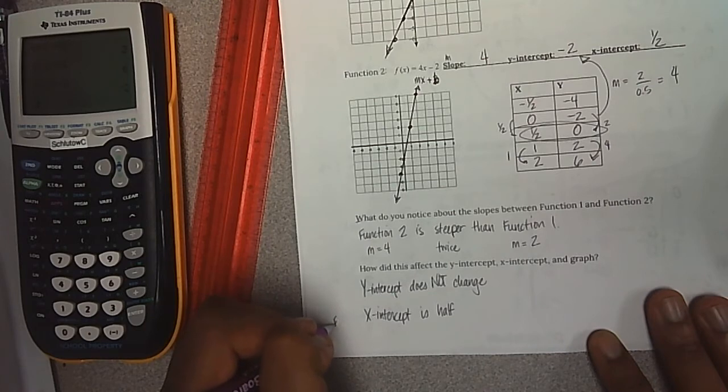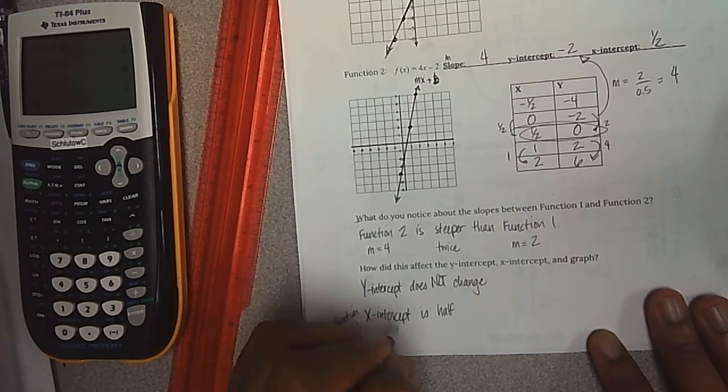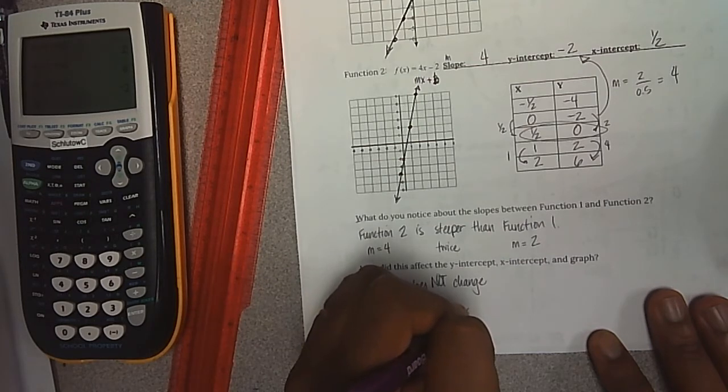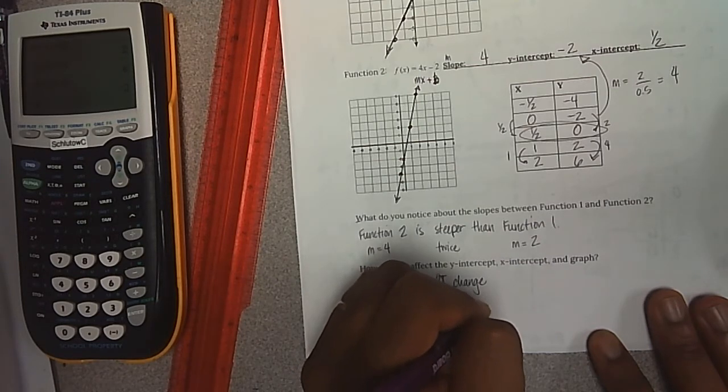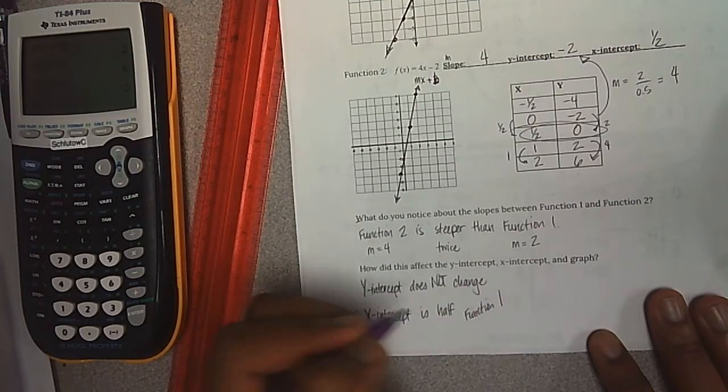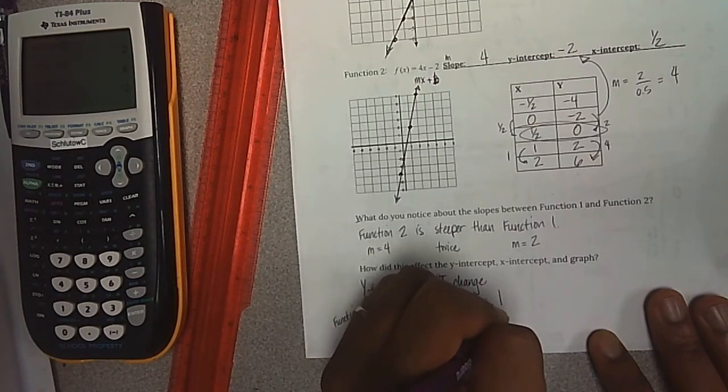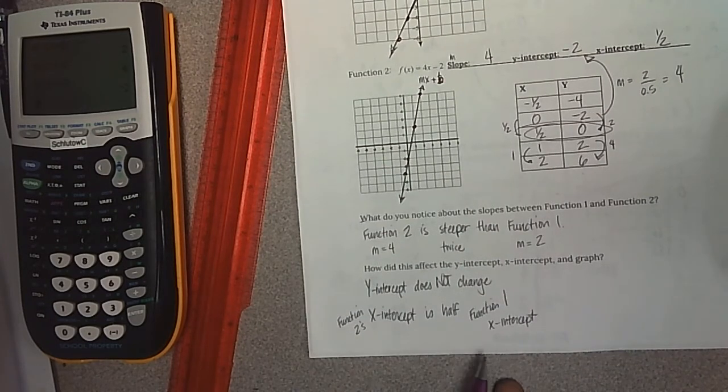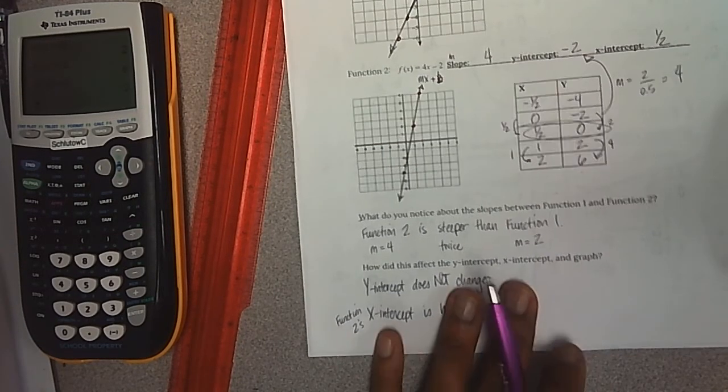So let's be clear. So this is function 2's x-intercept is half function 1's x-intercept. You have to be very clear. Because if I flip that, function 1's intercept is twice as big as function 2's. So order matters when you're describing something. Get it.